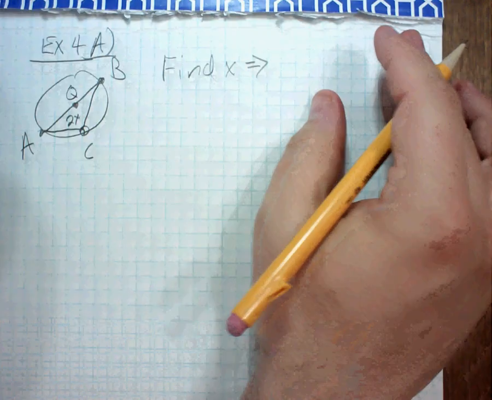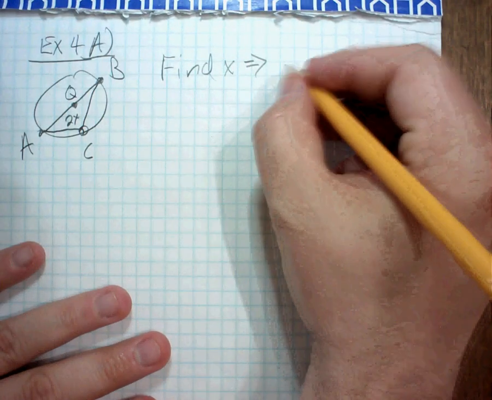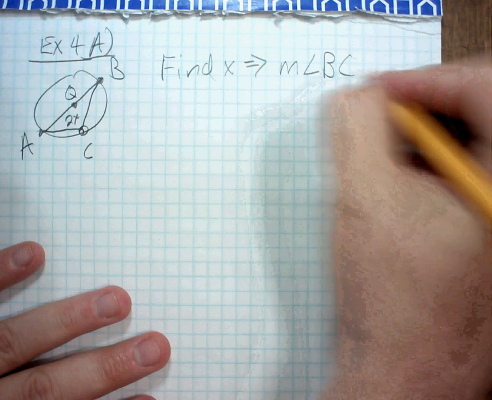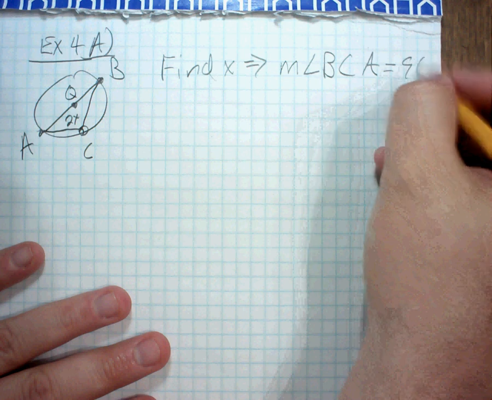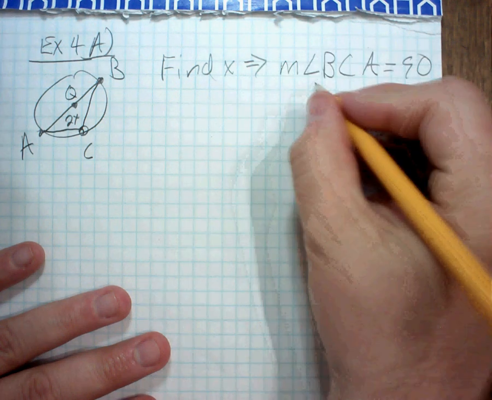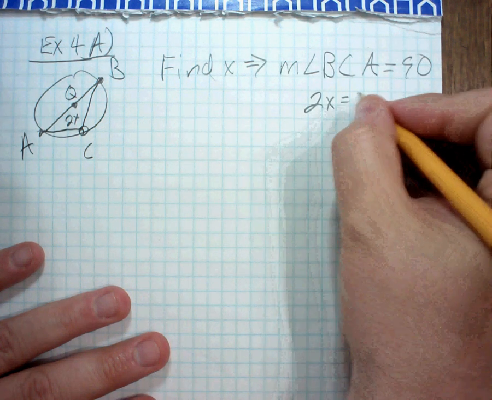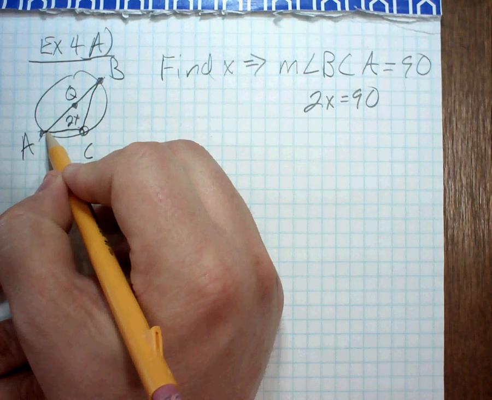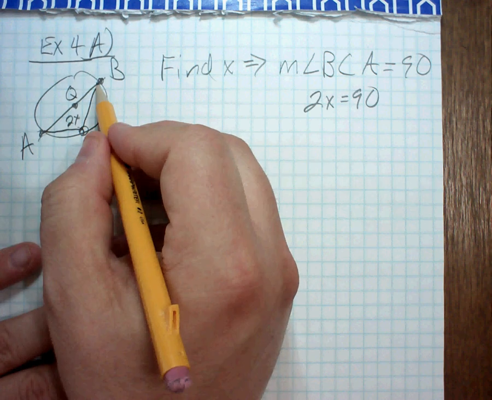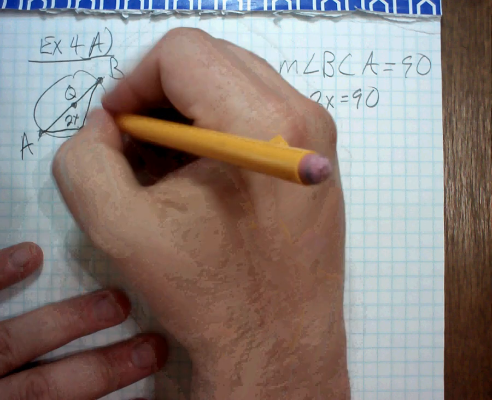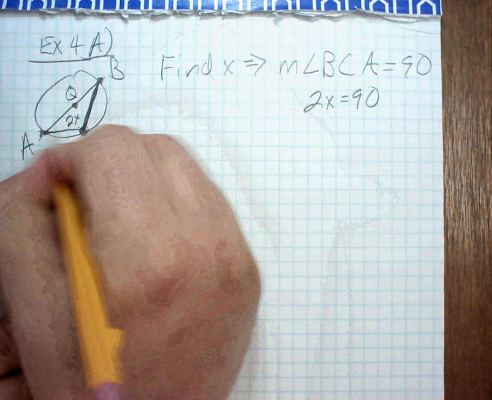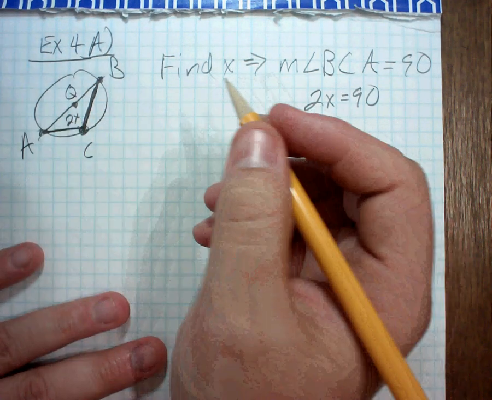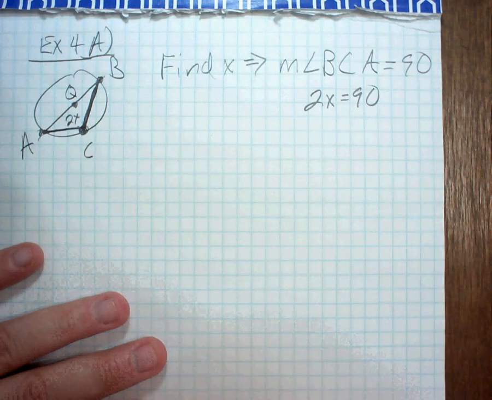Now to find x for this thing, I know that the measure of angle BCA equals 90. I also happen to know that the measure of BCA is also equal to 2x. I know this is equal to 90 because AB goes through the center of the circle, so that's the diameter of the circle, and all 3 vertices, although I didn't draw it exactly like I should have, are on the circle. Now it doesn't look like 90 degrees because I sketched it by hand.